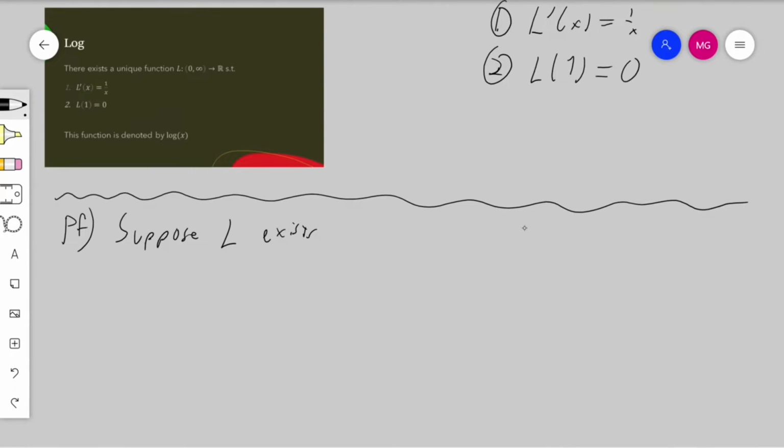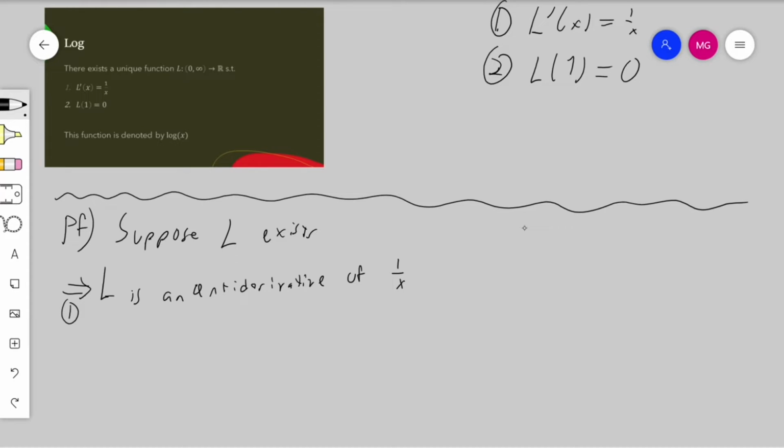Since L exists, this implies that L is an antiderivative of 1 over x. That's by property 1 above. L prime of x equaling 1 over x is the same thing as saying that L is an antiderivative of 1 over x.